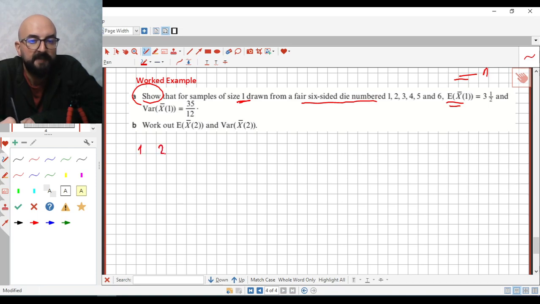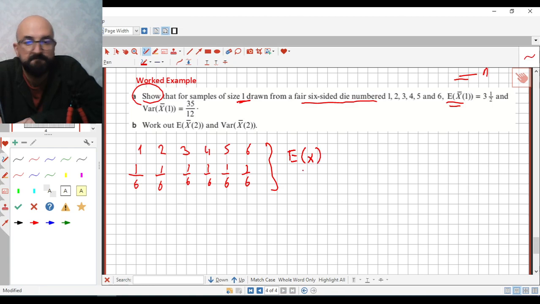And please remember that you have a fair six-sided die, 1, 2, 3, 4, 5, 6, and their probability is 1 over 6, 1 over 6, 1 over 6, and so on. If you figure out the expectation of x, you can also say the expectation of x1, or the expectation of the sample mean of size 1, also the same notation.